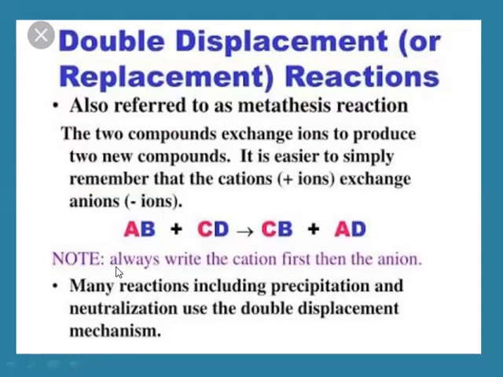Kindly do specify that we always write the cation first, then the anion. Many reactions, including precipitation and neutralization, use the double displacement mechanism.